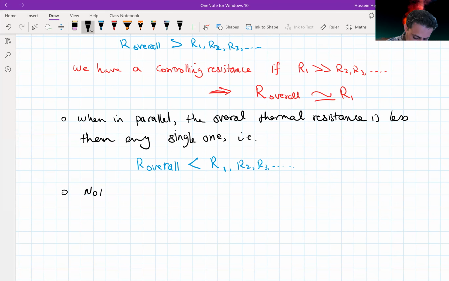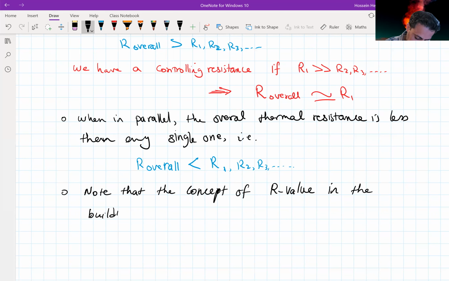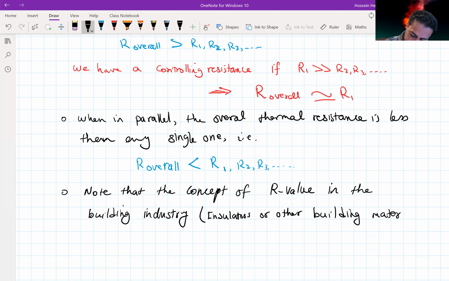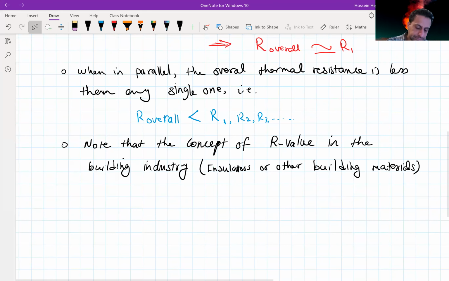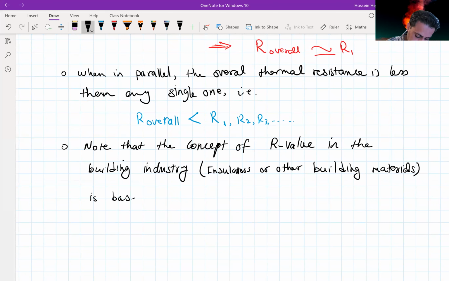So note that the concept of R value in the building industry, or for, let's say, insulators or other building materials, is based on unit area.